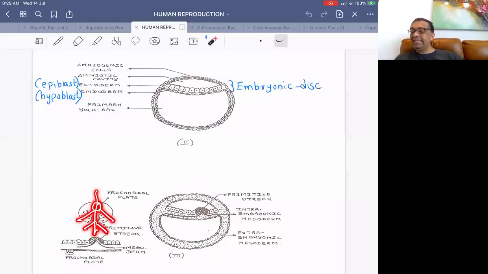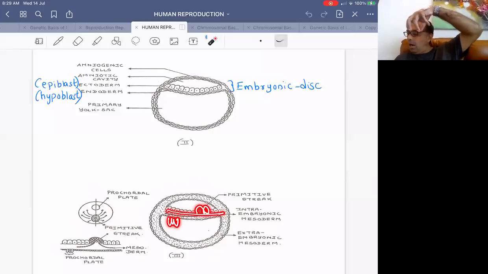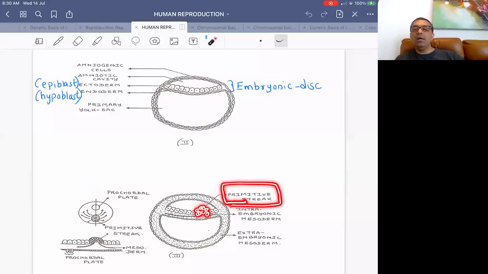Hands, legs, etc. Procordal plate, head end, tail end: tall columnar ectoderm cells in a circular area break down into small rounded cells. And these cells are called the primitive streak.